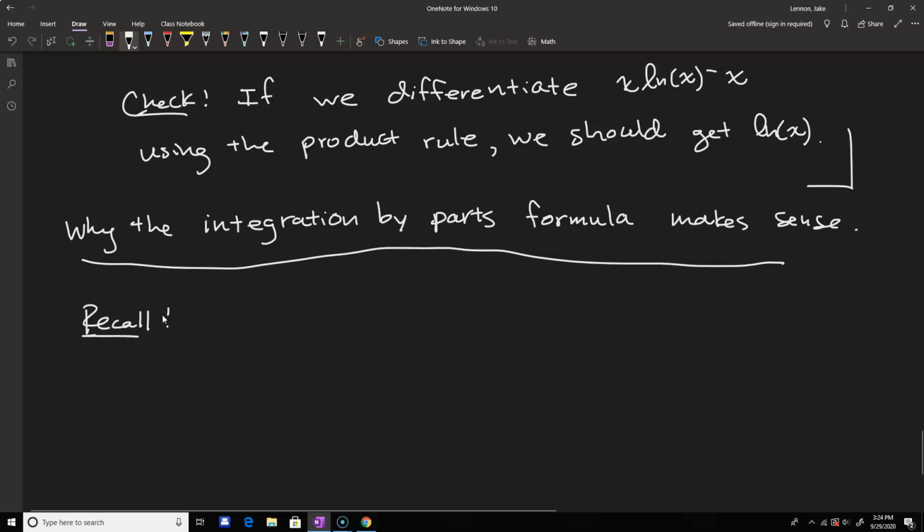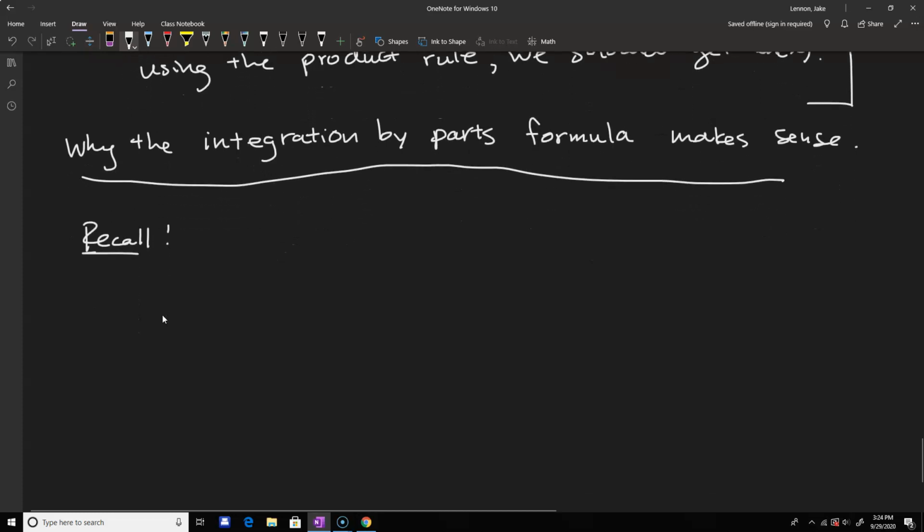This is not a very formal argument, but it will give you some intuition why this is the case. The product rule said if you take the derivative of two factors, uv, you get u prime v plus uv prime. This is the product rule for differentiation, or the product rule for derivatives.